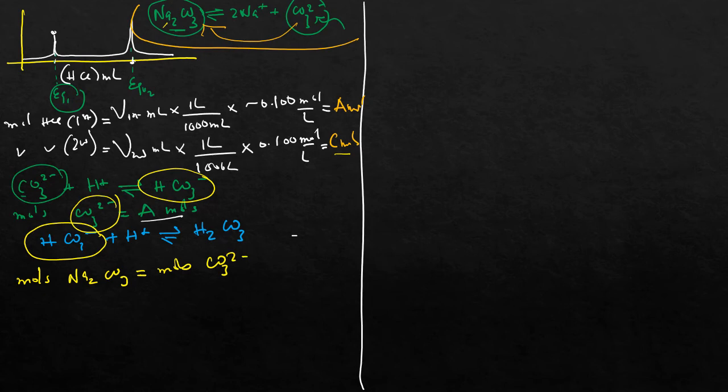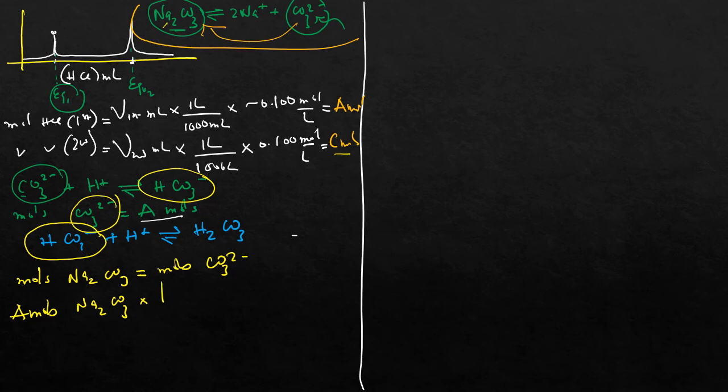So once we know moles, we can get grams. Okay. So let's go ahead and calculate grams. So since we are using A moles, so we have A moles of sodium carbonate multiplied. We know that in how many grams?